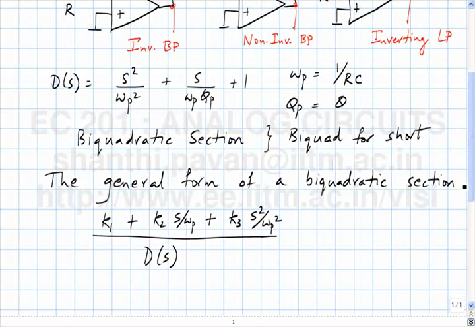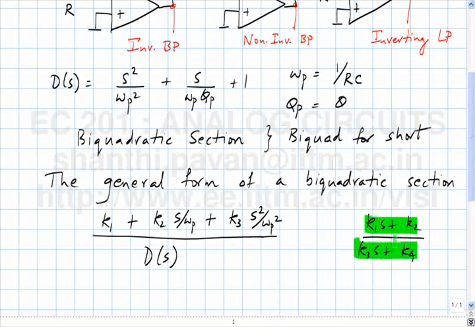Why do you think this is called a biquadratic section? Have you seen similar nomenclature before? What is something of this form called, K1 S plus K2 by K3 S plus K4?